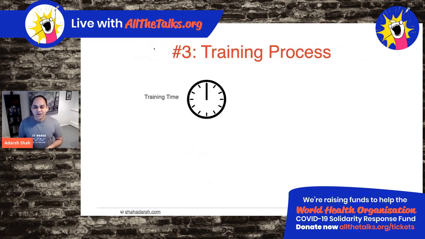Next one being the training process. This is unique to machine learning, and usually training takes time. Let me give you an example. Tesla's autopilot neural network takes about 70,000 GPU hours to train the full model. Now, it doesn't take 70,000 hours to train them.